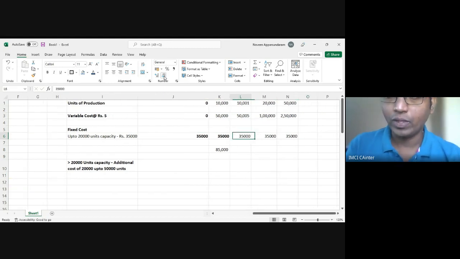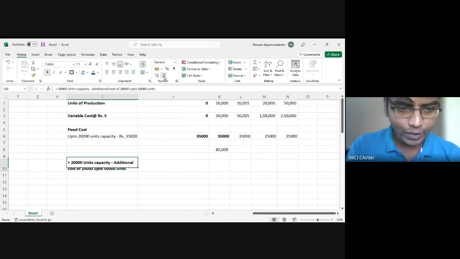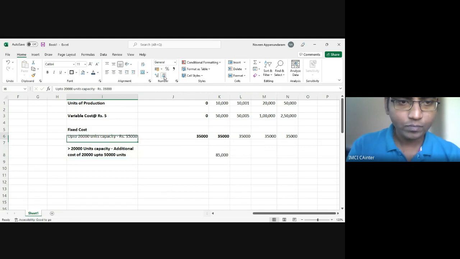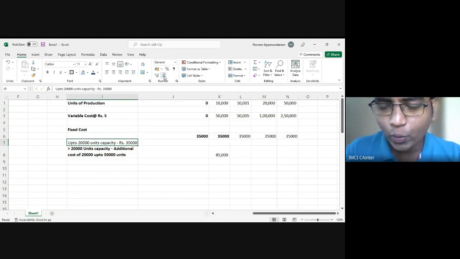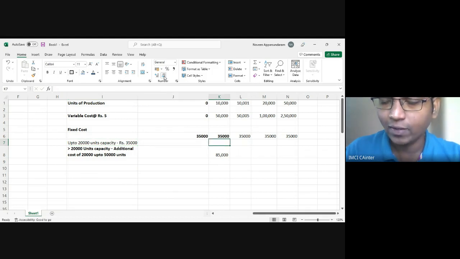Okay, so இதுலயே நம்ம I can segregate into two things. So let me bring down this. So inga 35,000 nu sollirna, I'll just change it a little bit. See, up to 20,000 unit of capacity, 35,000 rupees. See, the fixed cost can be, even we can say it as you need to buy a particular product, க்கு நீங்க produce பண்றதுக்கு you need some tools, you need some things which is said to be not on production basis, ஒரு சில tools and spares, or it can be a rental space.